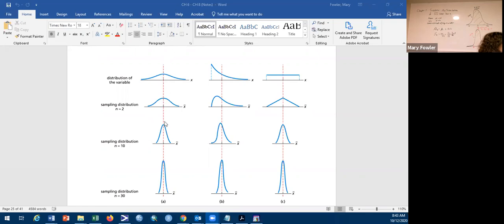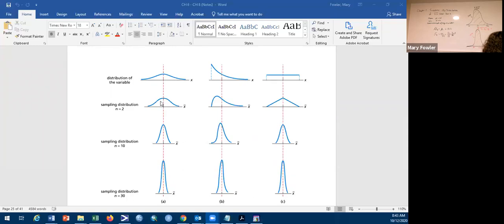So let's just start with this first column on the left. This is a normal distribution for the parent population. And what we see is that as we take a sample of size 2, our distribution is still normal, but it becomes a little less variable, right?